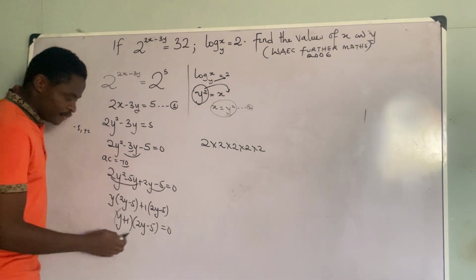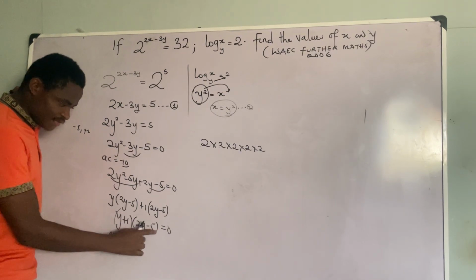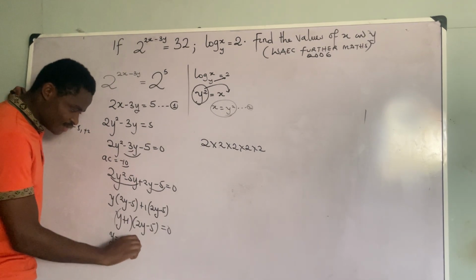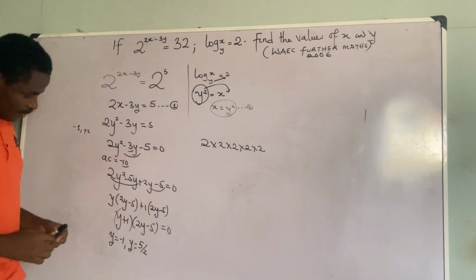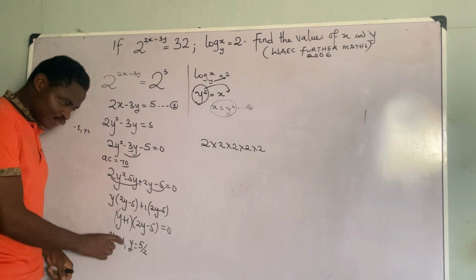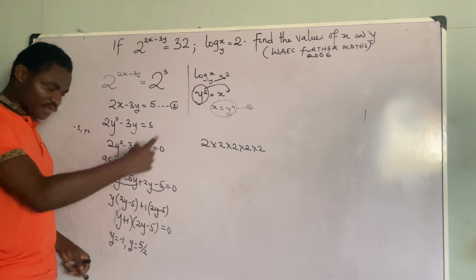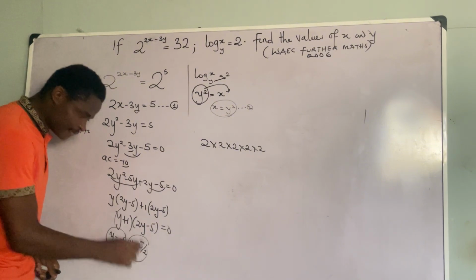This equals 0. If you solve this correctly, y will be equal to minus 1. If you solve the other, y will be equal to 5 over 2. That means if you consider y plus 1 equals 0 and solve, you have minus 1. If you take 2y minus 5 equals 0, you have 5 over 2. These are the two values that we have here.